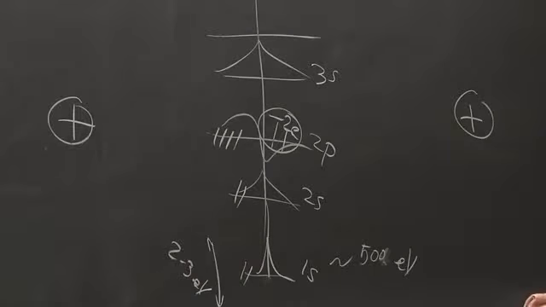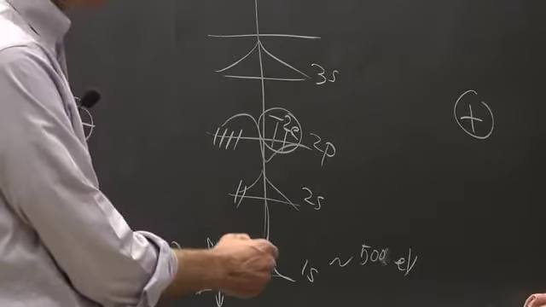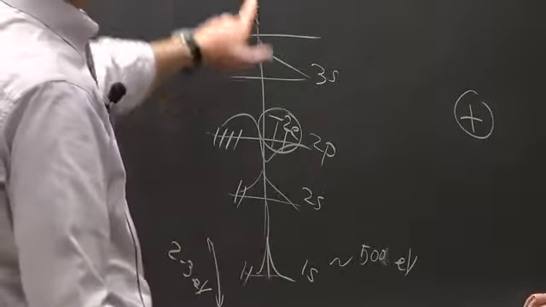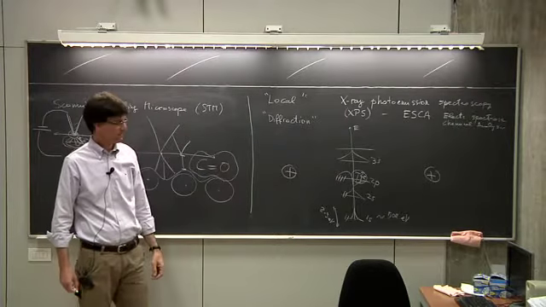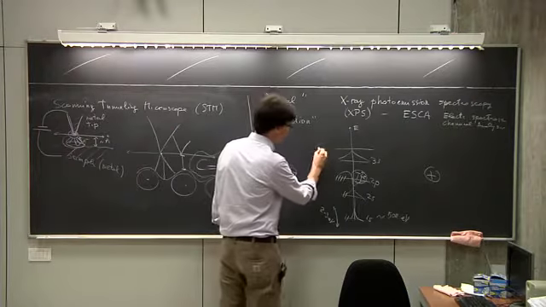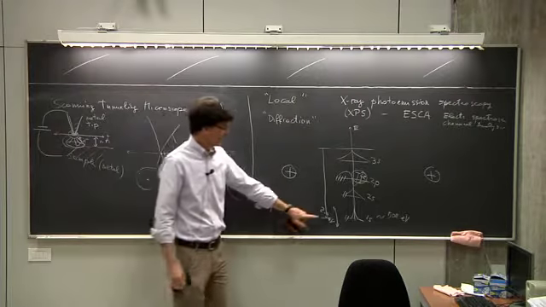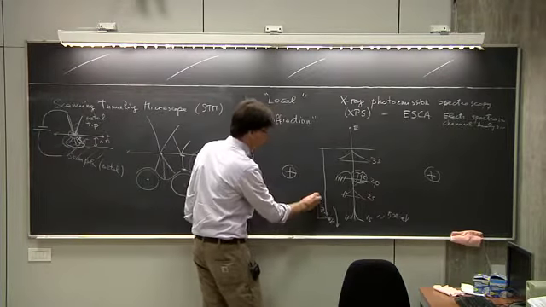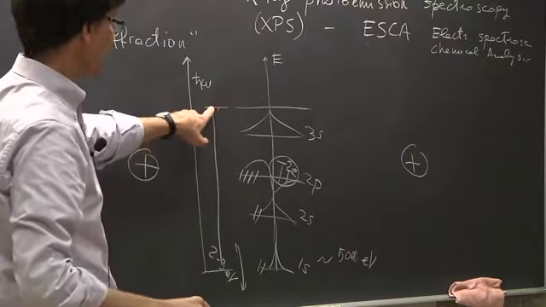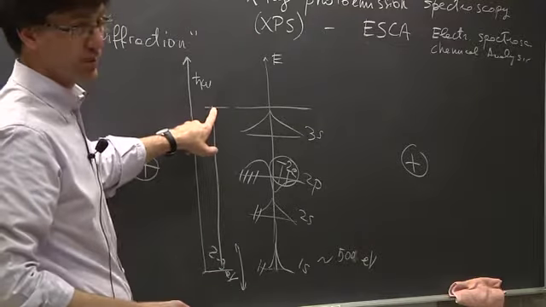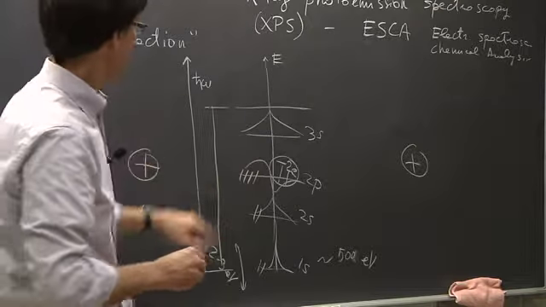At this point, you can think of doing experiments in which, with a photon, you take this electron out and you bring it outside your sample. And you can measure this binding energy, because you can take a photon with an energy possibly higher than the minimum one required to ionize the system.